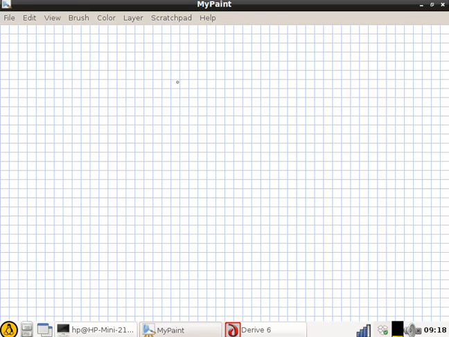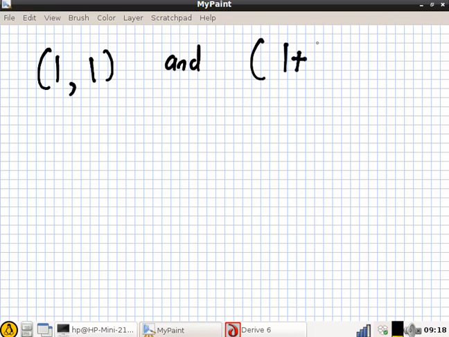So we start off by saying, well, actually let me use numbers. We had 1 and 1, and our neighbour point was 1 plus a small number. I'll call that number h.